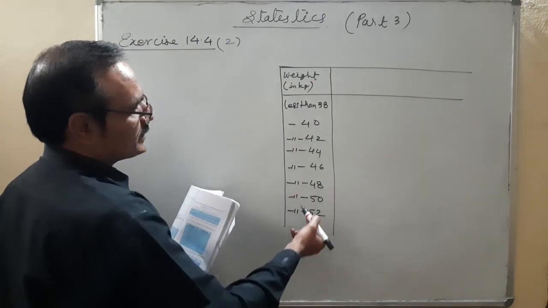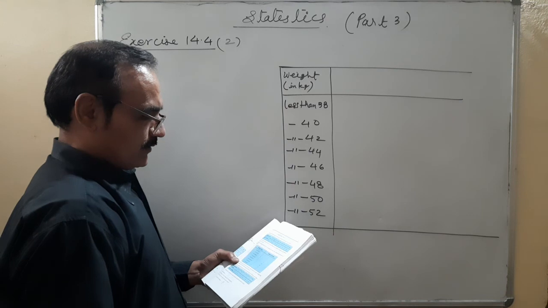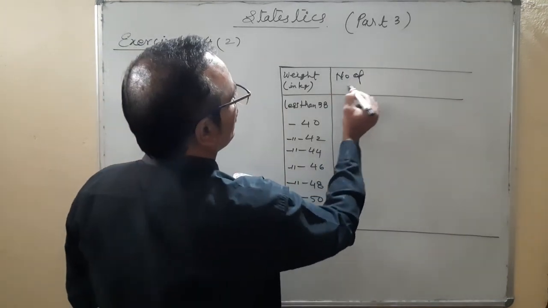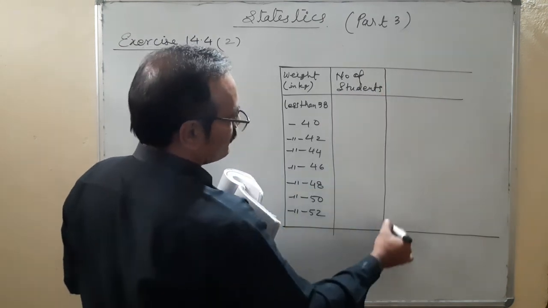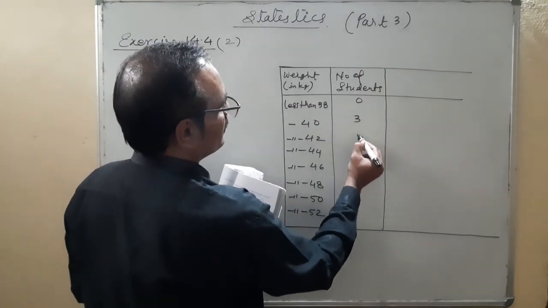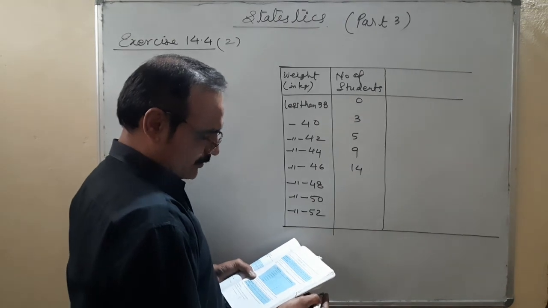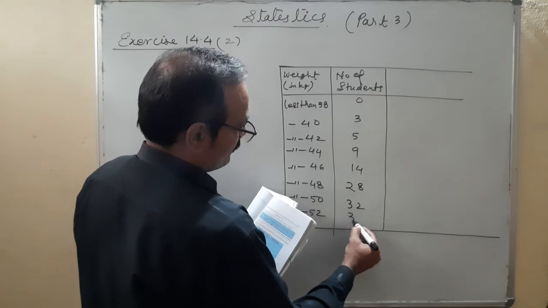And the number of students: 0, 3, 5, 9, 14, 28, 32, 35.